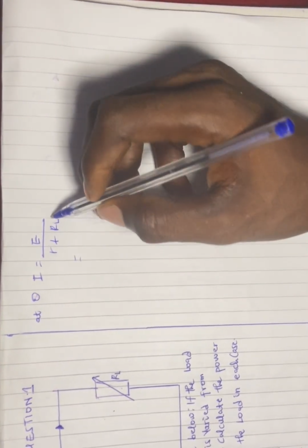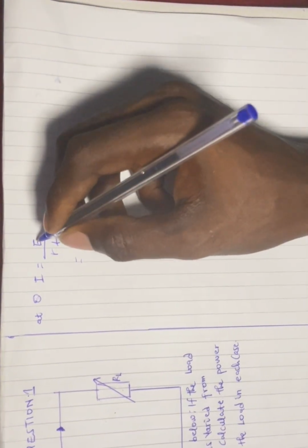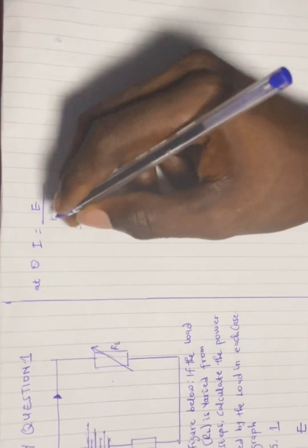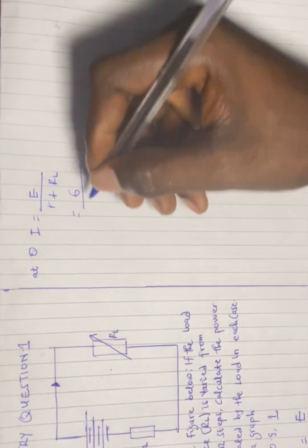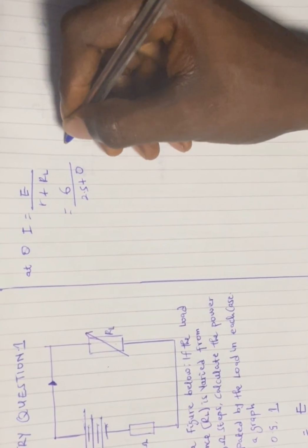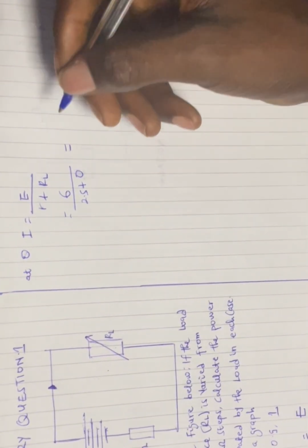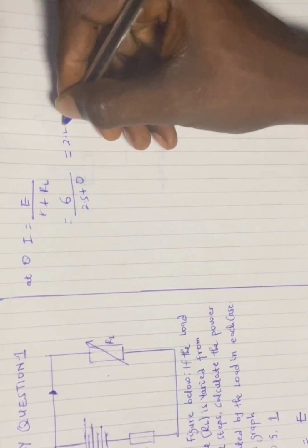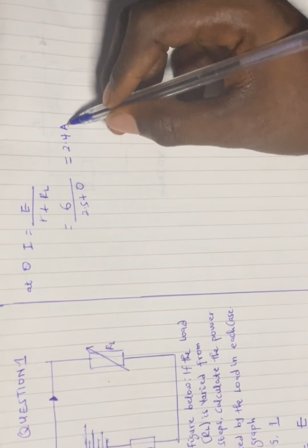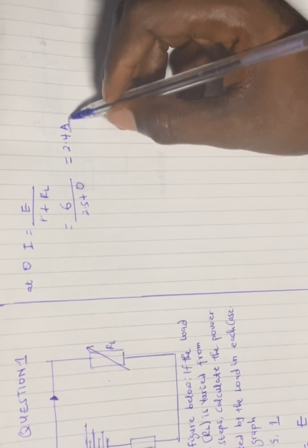If here is 0, how are you going to write? Your E is 6 volts. So it's going to be 6 over your internal resistance 2.5 plus 0. That is going to give you 2.4 amperes. You are finding current, so the SI unit is ampere.